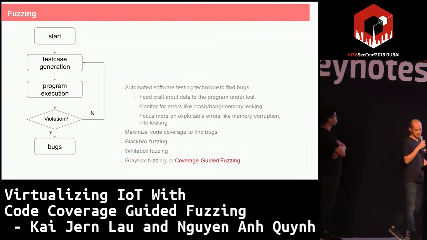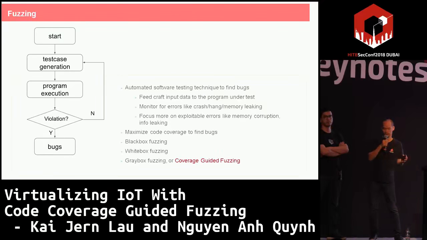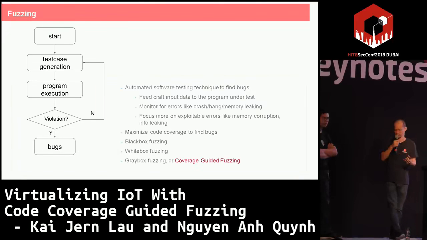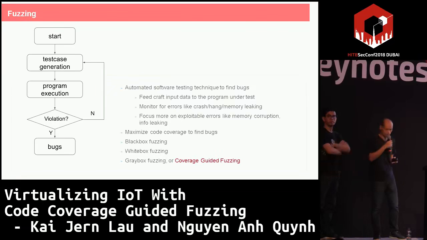Okay, this talk is about fuzzing. The idea behind the fuzzing concept is very simple. You have a program that processes some input, and you want to find a special input that can trigger bugs inside this program, right? So the idea of fuzzing is that we randomly modify the input and feed it to the program that we want to test. And when the program is running, we monitor it to see if it has any abnormal behavior.